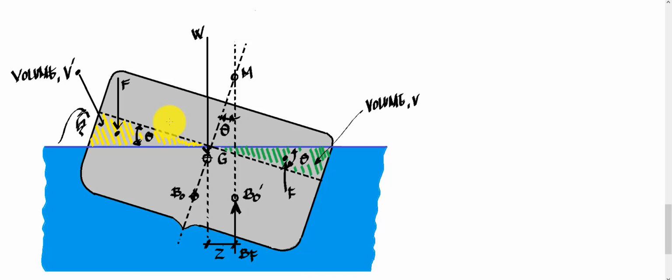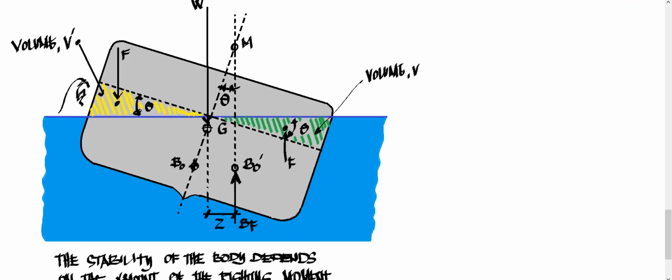Now, due to the moment of the shifting of the buoyant force, from B sub O, the buoyant force times the moment, which is the BF times the Z, must be equal to the moment due to the wedge shift, which is from F, from this one.